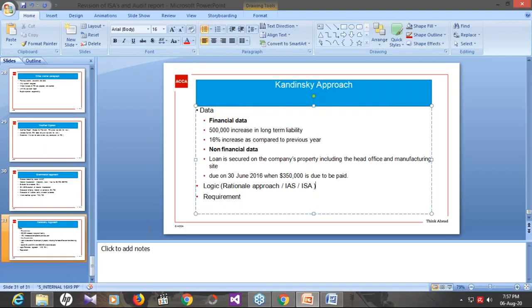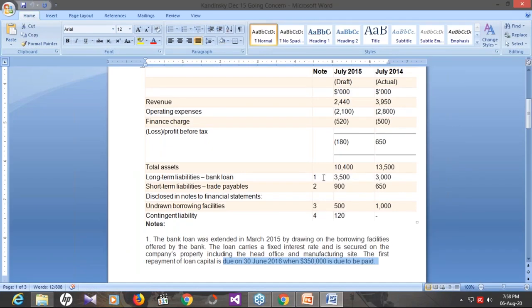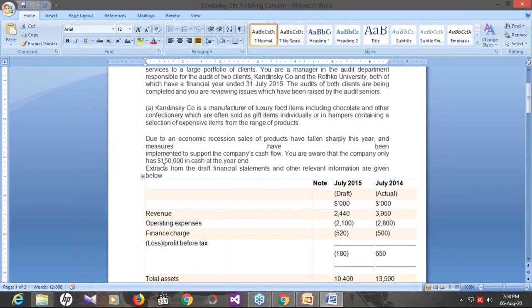So this is very simple. You can see the company is in financial difficulty, the company's revenues are down, the company is in loss, and the company has only 150,000 left. You can see in the data, the company has only 150,000 cash, and this year they were in loss.